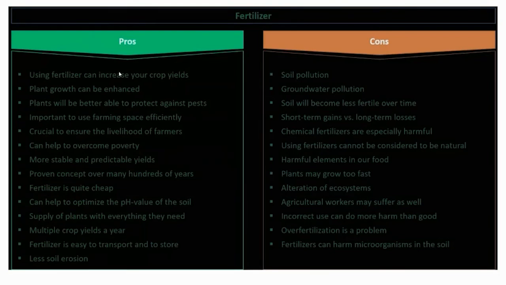Chemical fertilizers are especially harmful, and using fertilizer cannot be considered natural. Harmful elements in our food and plants may grow too fast. When we use chemical fertilizer, we have both advantages and disadvantages.